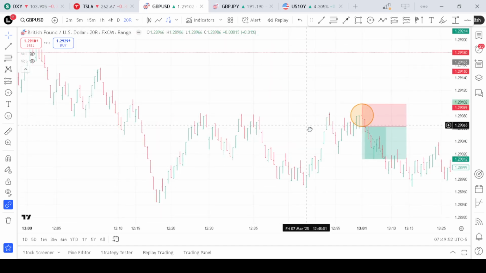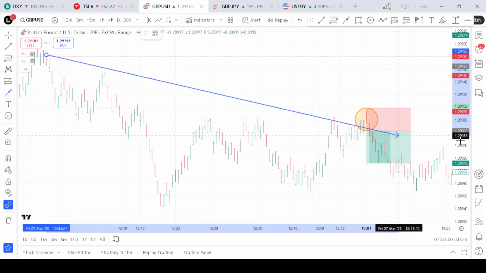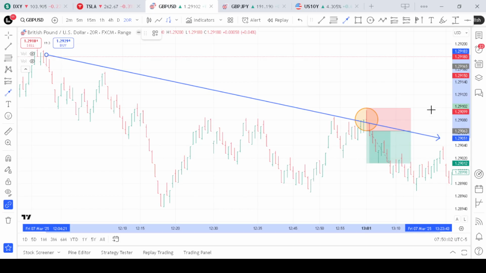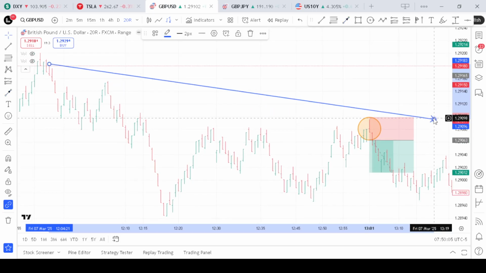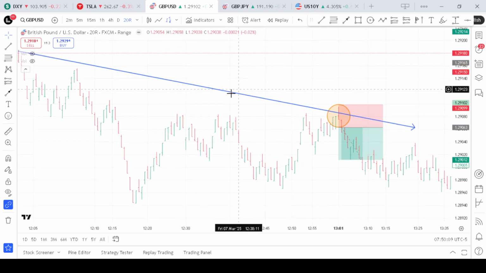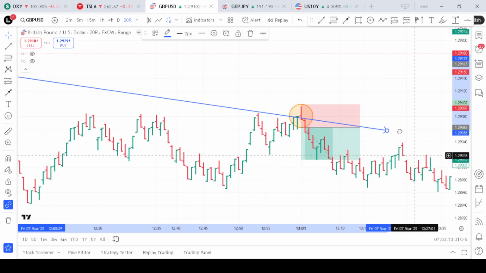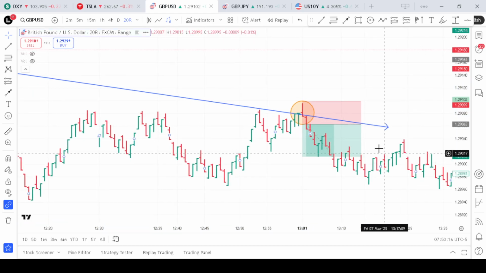And as we can see, the market is in a bearish trend. You can see the market is trending towards the downside, proving to us that yes, we are only to look for selling opportunities. Then if we want to enter this trade, we quickly move into our shorter time frame, which is our 5 range bar.